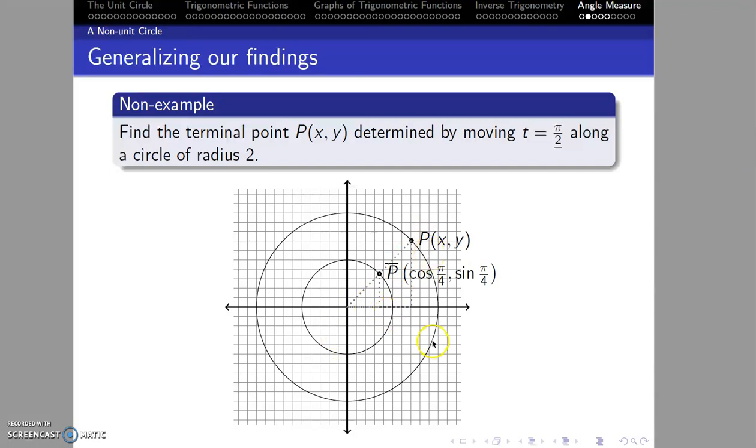So all of these lengths are doubled. So cosine pi over 4 becomes double that for x, for our new point on our new circle. So that's 2 cosine pi over 4. Here it's 2 sine pi over 4 for the y-coordinate. So we get, via this multiplier of the radius, the multiplier of the terminal points. We have established ratios that we can exploit.